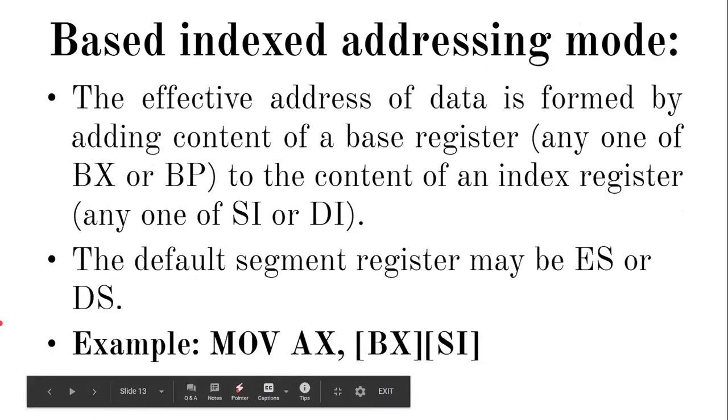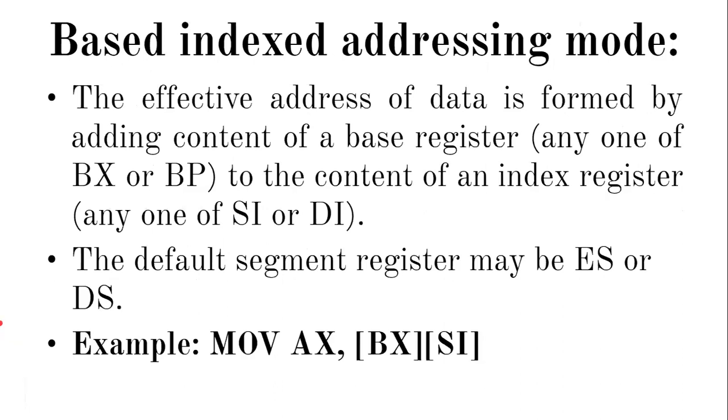Now this is based indexed addressing mode. Here the address of the memory location is contained in the base register and the index register, and they both will be added to get the effective address of the operand. For example, as shown in this example, MOV AX, [BX][SI].